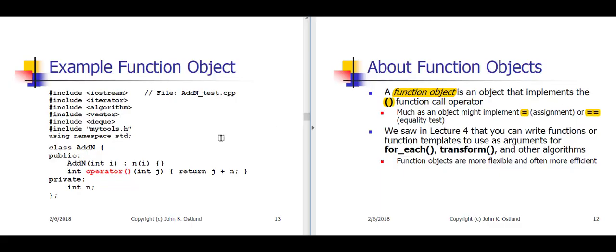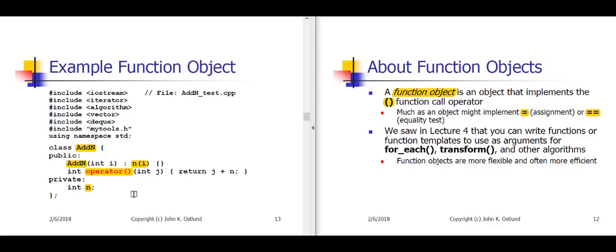Here we have an example on slide 13. This is a class named addN. It has one private data member, which is the int value n. It has a constructor that takes one int as an argument and sets n to that integer argument. And then it has a function call operator. This function call operator takes one argument, which is an integer.